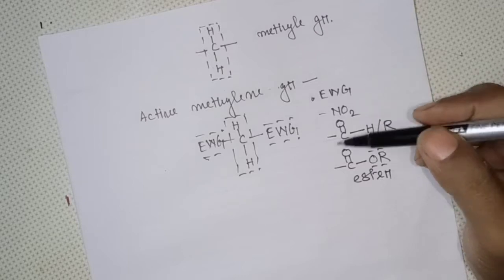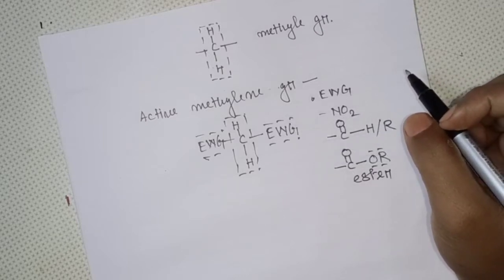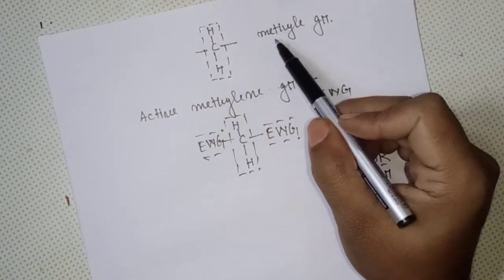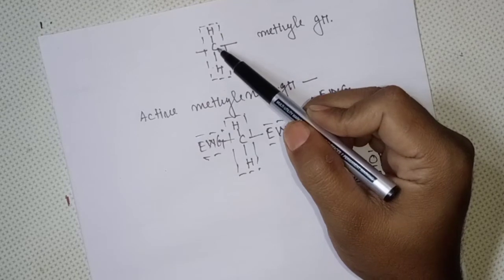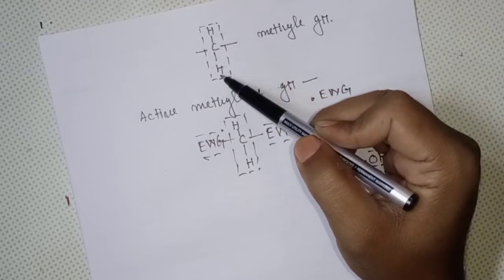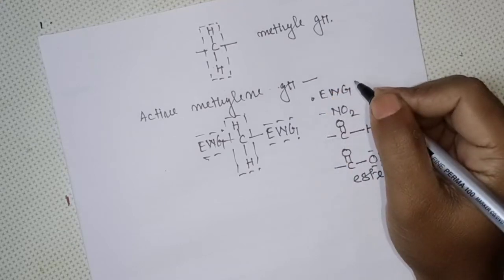So let's discuss the active methylene group. The methylene group is basically a CH2 group. Carbon having two hydrogens is commonly called a methylene group.